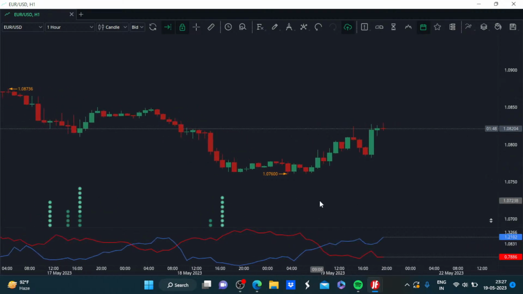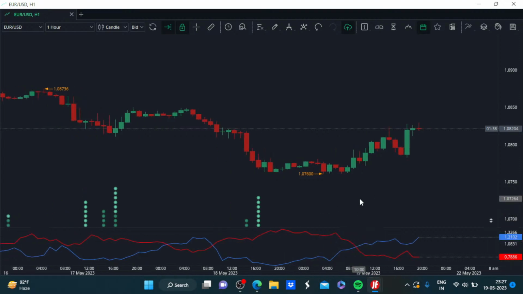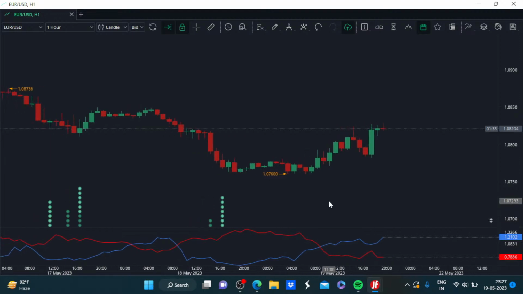Or if you feel like it, you can even watch out for the moment when the convergence begins, where one line changes direction from its prior trajectory and starts to converge with the opposite one.